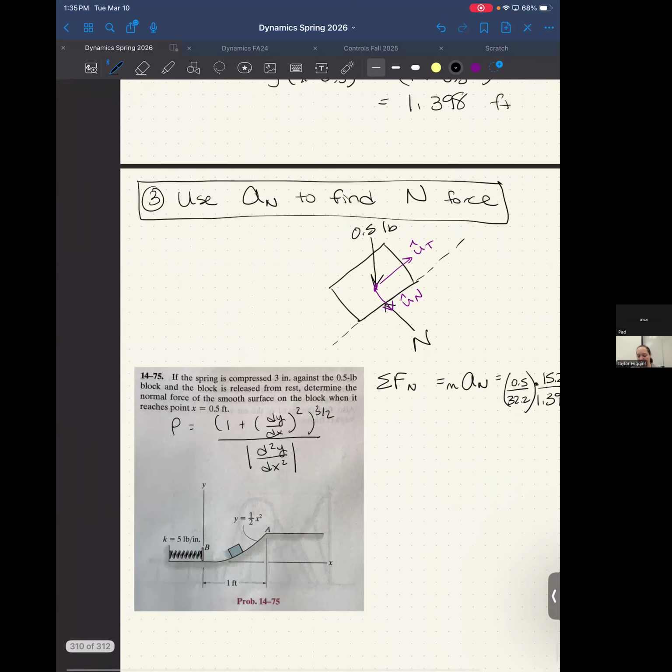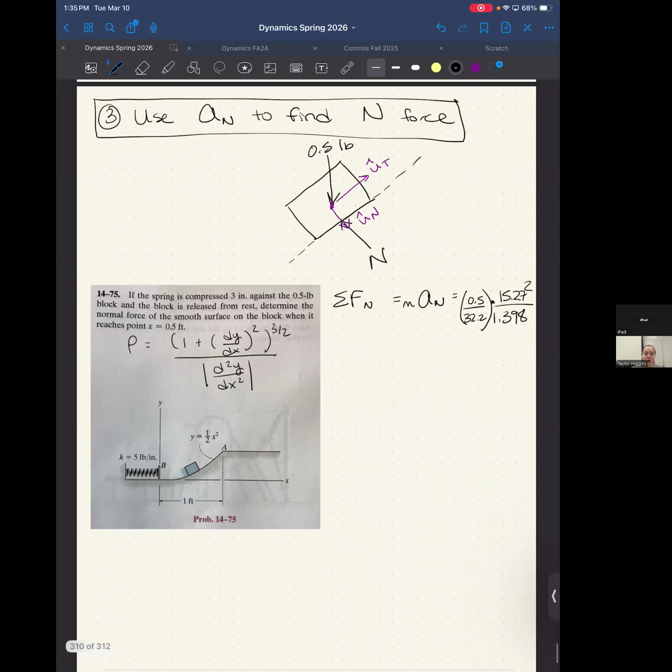Beautiful, beautiful. Okay. So this is what happens. When we take the derivative dy/dx, we're finding the slope of this curve at the very instant where x equals 0.5 feet. If we were to take that slope and turn this into an instantaneously flat surface, we can find the angle that that instantaneous slope is at.